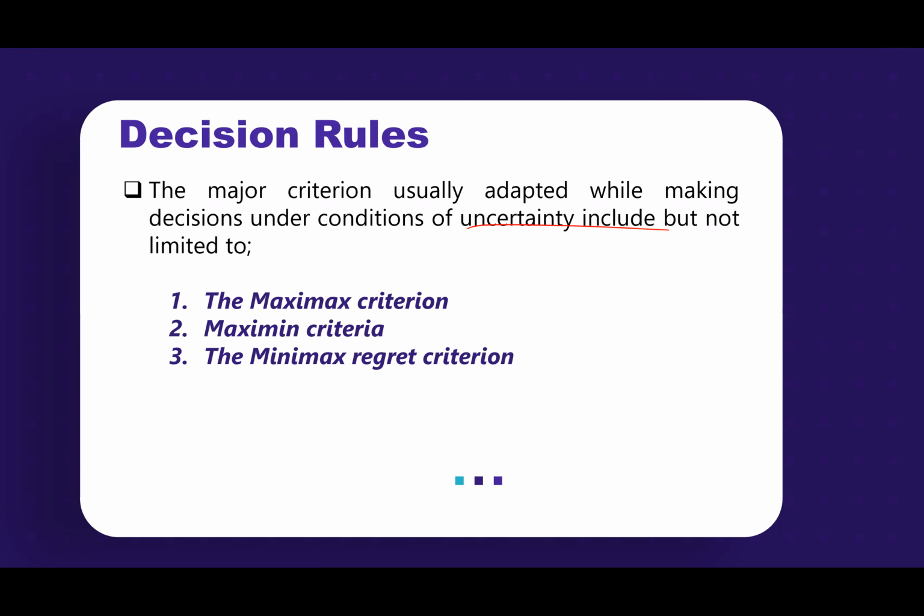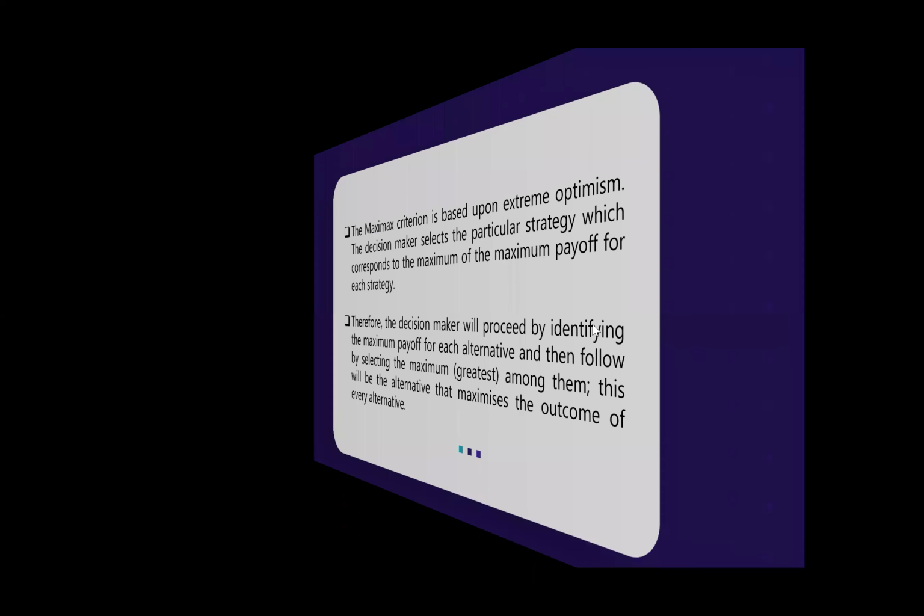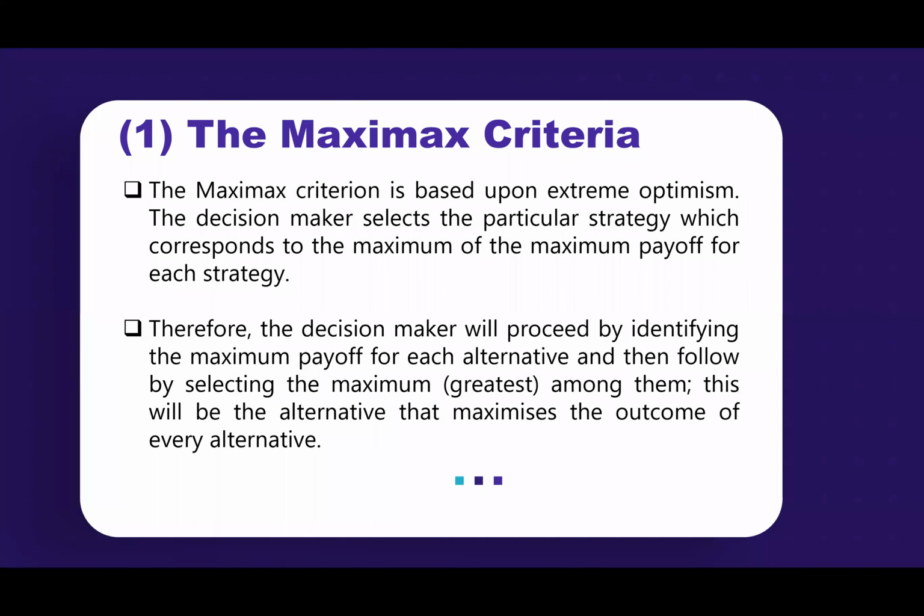But of course, you're saying, but not limited to. When you read the notes that I've uploaded on your student account, you see that there are other decision rules that have been included. But for purposes of your exam, you will focus on those three. So to begin with our discussion, we have the Maximax criterion.